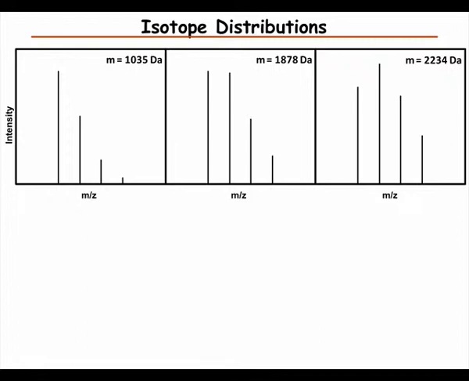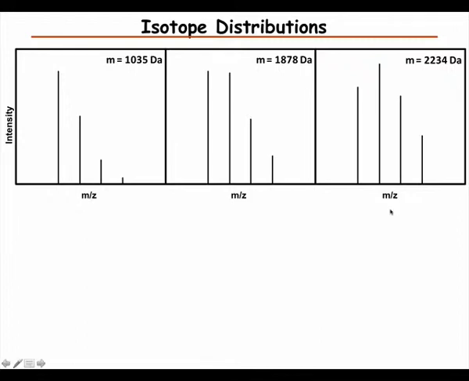Then we have the isotope distribution, as I mentioned before. We don't only have carbon-12, nitrogen-14, and hydrogen in nature, but we have 1% carbon-13, and of the other higher isotopes, we have also a little bit. As your peptide becomes larger, there is a larger chance that you have a few higher isotopes.